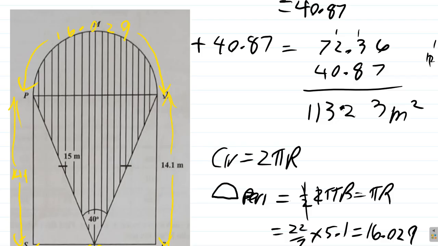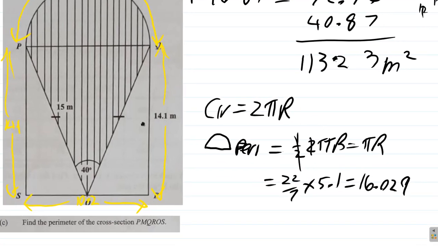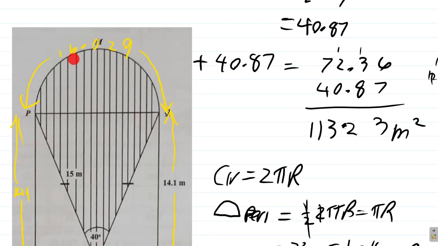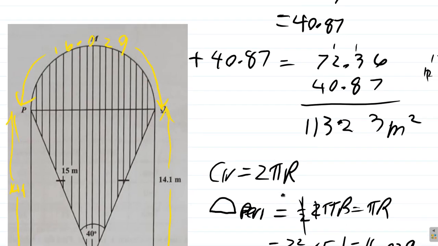Now the perimeter that they asked us for, call it P equals. Starting from here, we go down 14.1 plus. Then we go across 10.2 meters plus. Then we go back up 14.1 again, plus we go around 16.029.